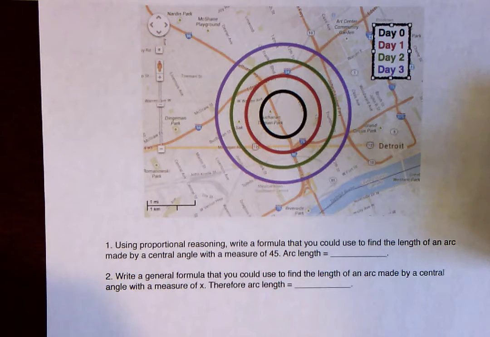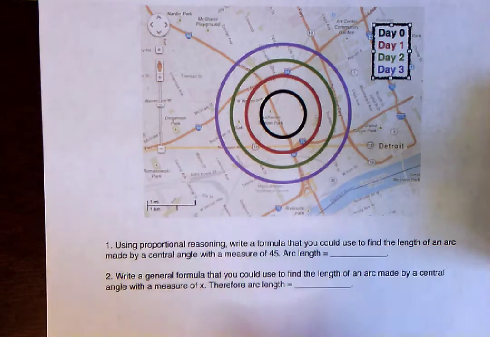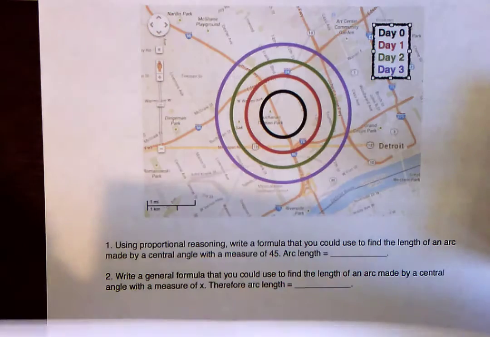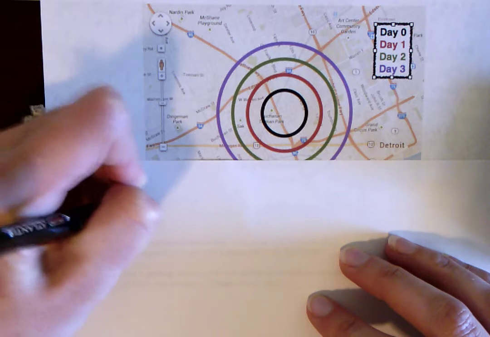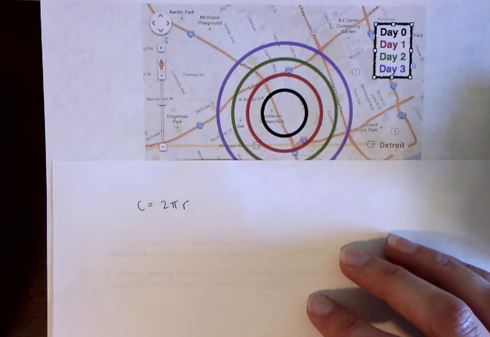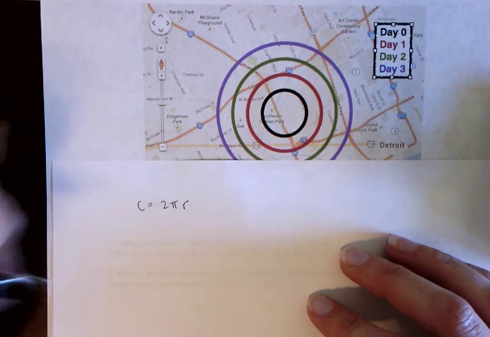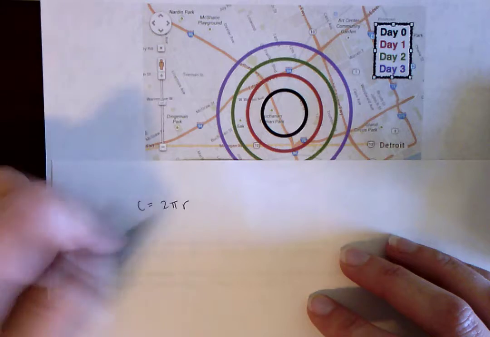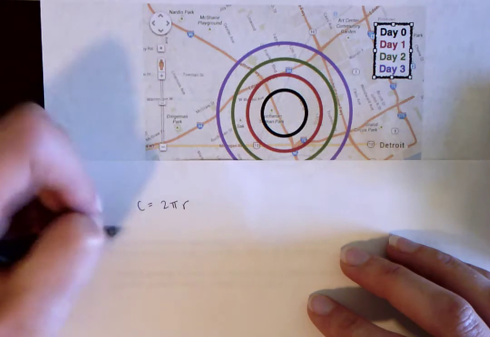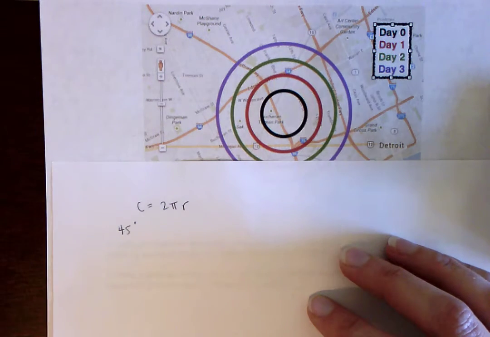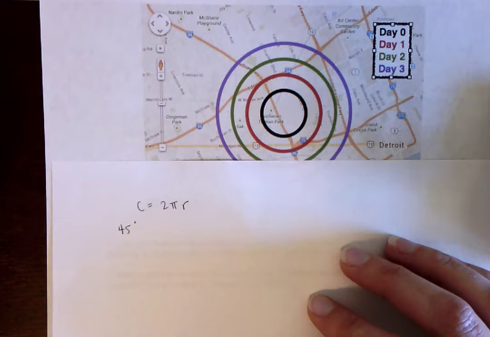All right, so write the formula that you could use to find the length of an arc with a measure of 45 degrees. So I'm going to write it, you write it here, but I'm going to write it on a different piece of paper, so I don't have to write on this. So again, circumference is 2 pi r, okay? And so if you're thinking of it in terms of that formula, we're only using a part of the circumference. For 45 degrees, we're thinking of what fraction of the circumference we are using.